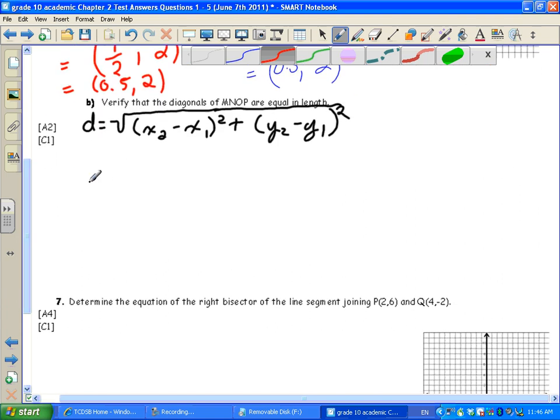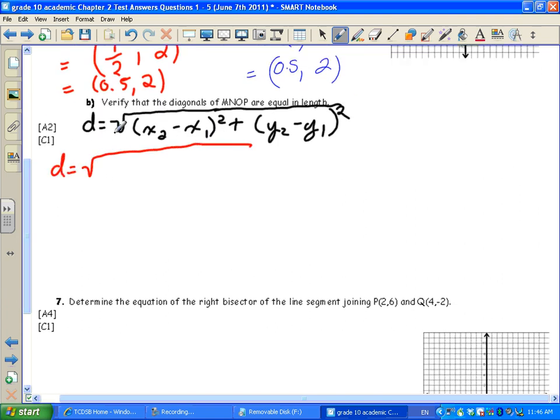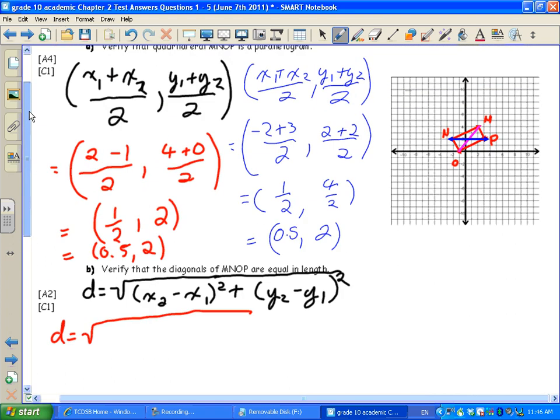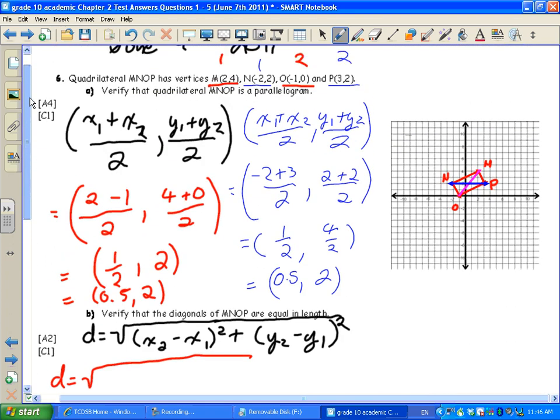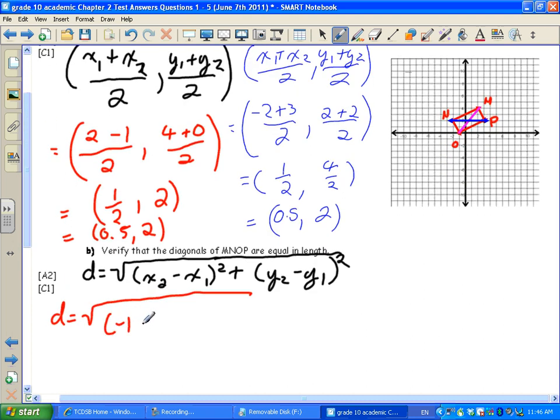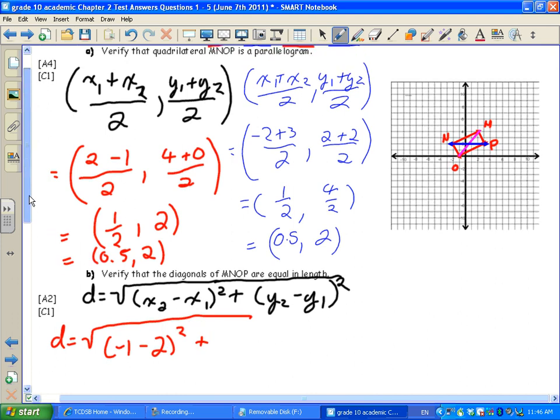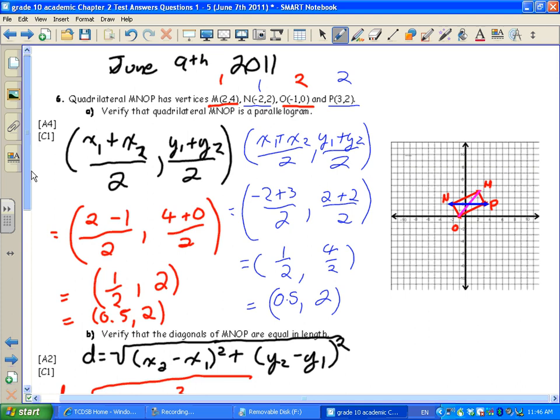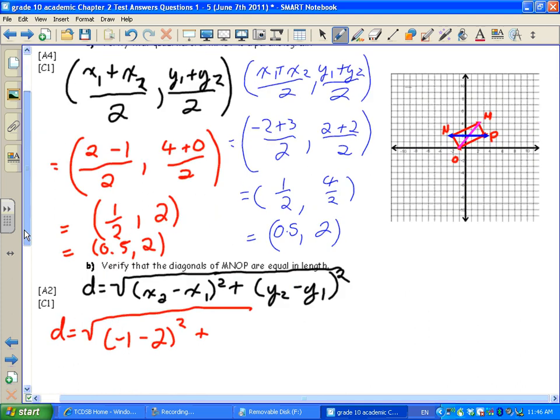So, D is equal to the root of our x2 is -1, and our x1 is 2. So, we have -1 minus 2 squared plus y2 is 0, and y1 is 4.